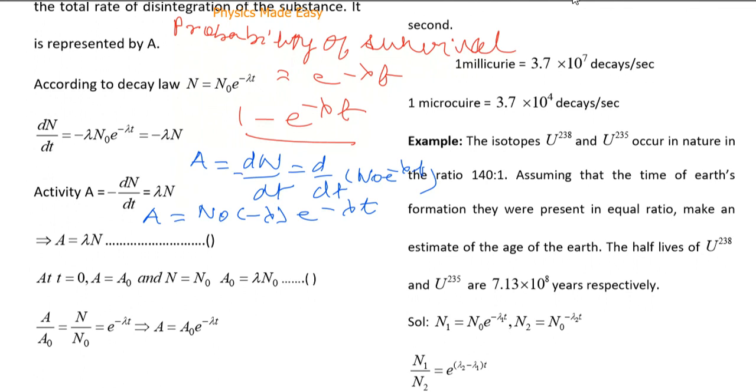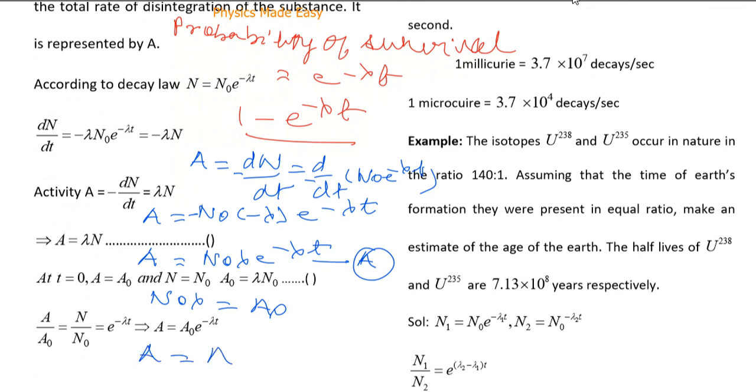Here we have got minus already, so A comes out to be plus N naught lambda e raised to power minus lambda t. Now N naught lambda is equal to A naught. It means A is equal to A naught into e raised to power minus lambda t.